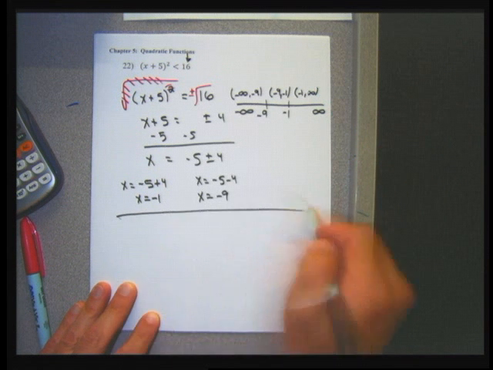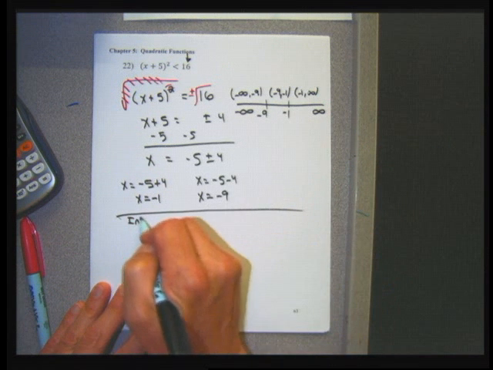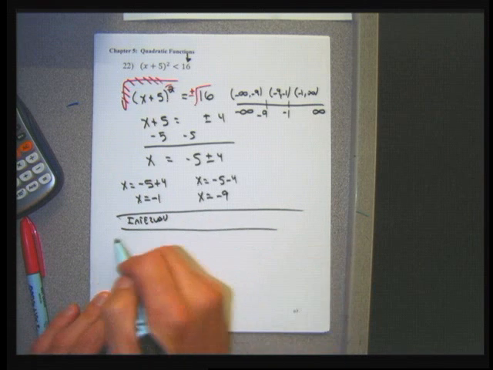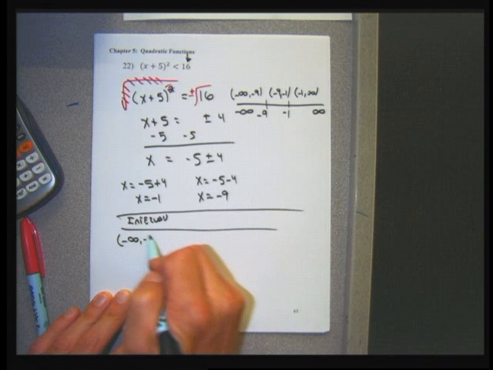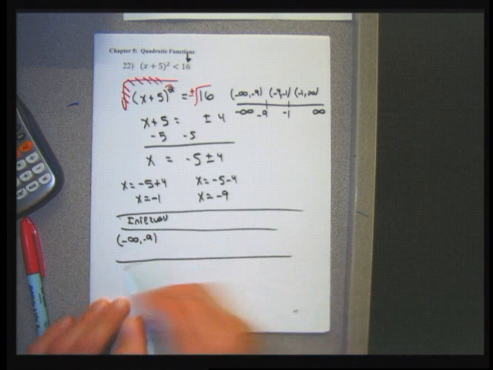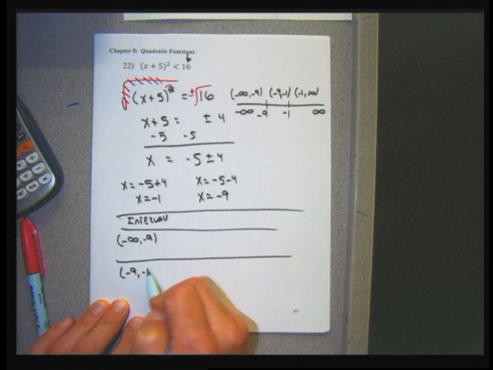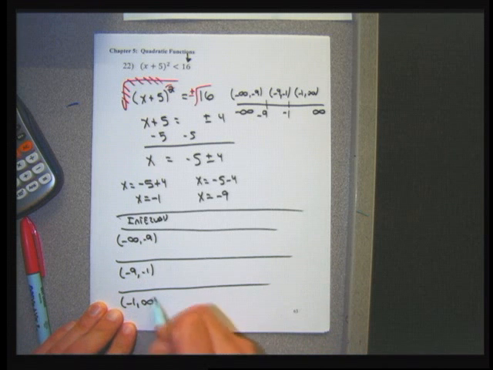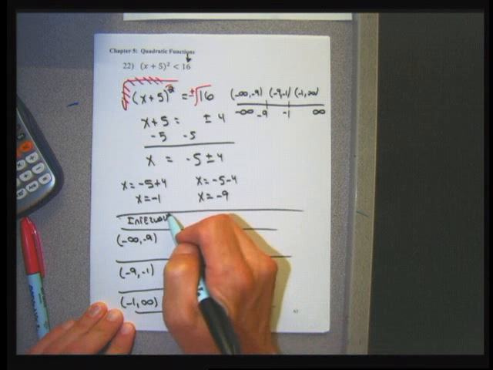Now my table. My interval column, I'm going to write negative infinity to negative 9, negative 9 to negative 1, negative 1 to infinity.